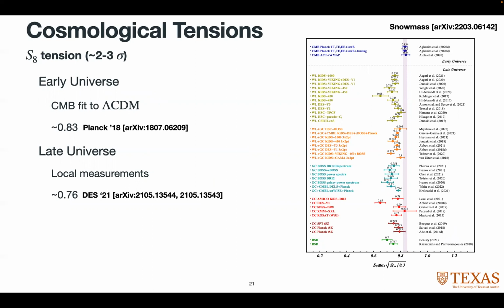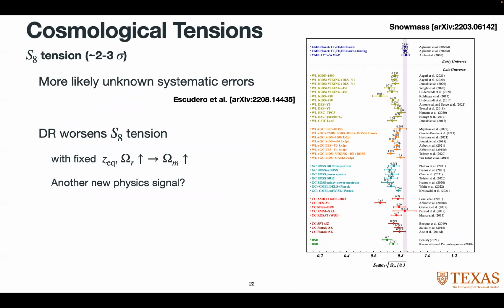For the late-time measurements, it is around 0.76. And there are some claims that it is more likely that there are some unknown systematic errors. And also this tension is very mild. Or it is not so mild, because it's 2 or 3 sigma.